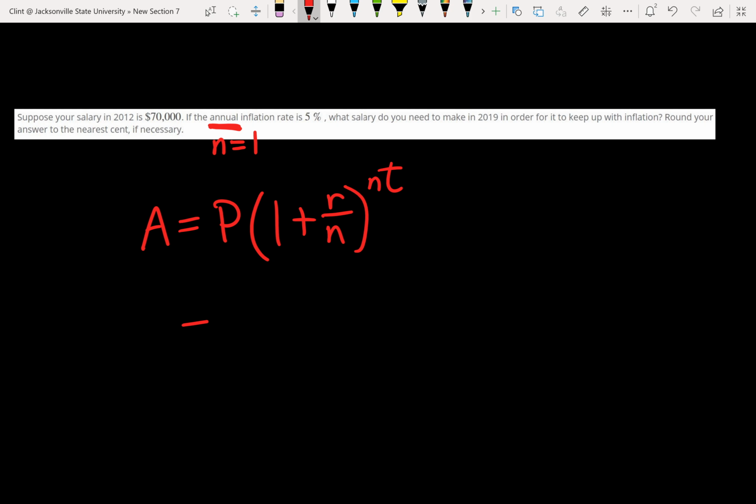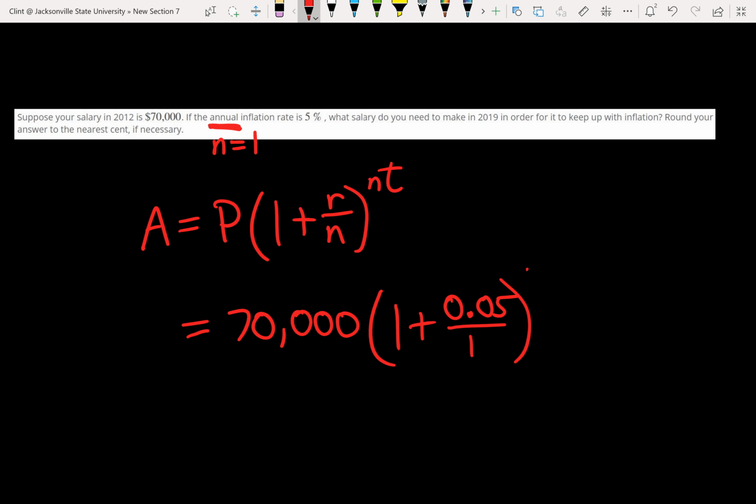Other than that, it's pretty straightforward. We just plug into the formula. So we're starting with our salary of $70,000. We've got 1 plus our inflation rate of 0.05. That's over 1. And then raised to the 1 times, and then let's see, we're trying to figure out what salary we need in 2019.